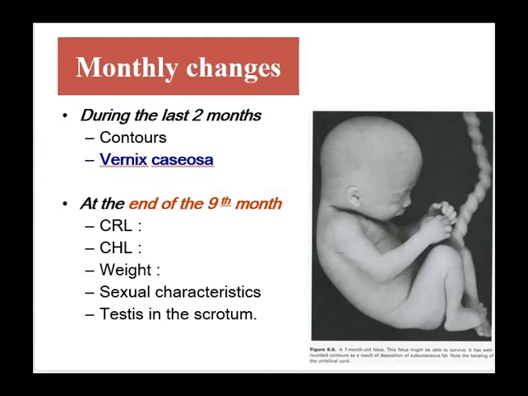Also, we have to know something about abnormal fetal growth. In abnormal fetal growth, it's considered that variability exists in the fetal length and weight, and sometimes these values do not correspond to the calculated age.